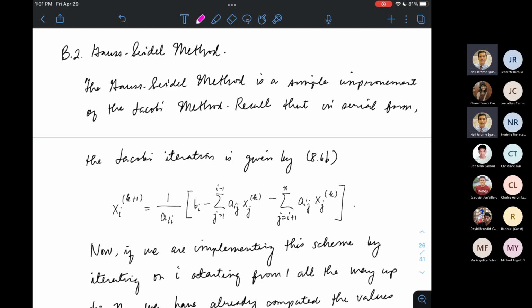Medyo feeling ko ang bilis ng discussion ko ng Jacobi at saka ng splitting methods. Okay, yeah, I'll take that into consideration, Charles. Ganun ulit, tatlong modes ulit. Nasabi ko na naman yung computational part, Crout factorization.